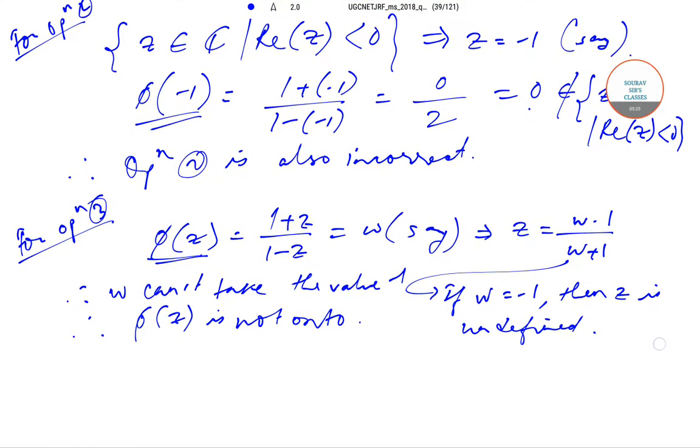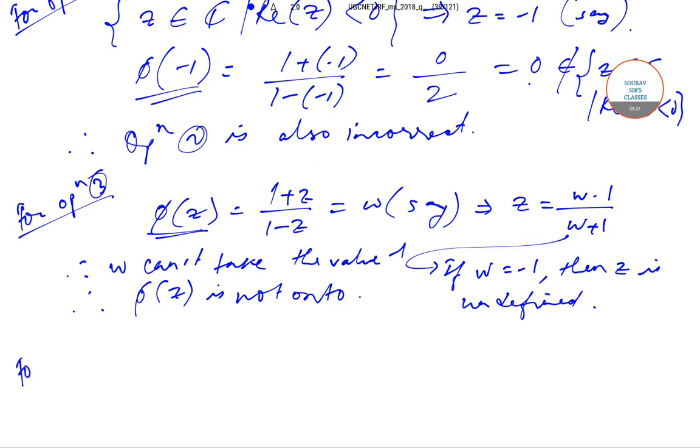Now let's shift our focus to option 4. Now for option 4, we have seen that upon taking any value of z, the image cannot be minus 1. So basically if we take any value of z, the image cannot be minus 1. In that case phi of z will become undefined.